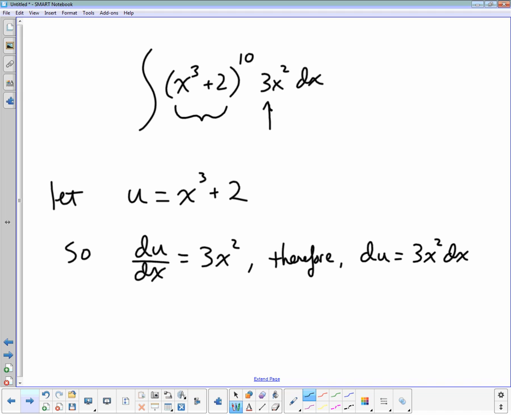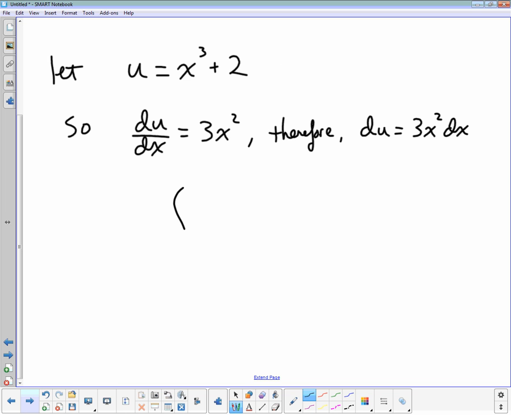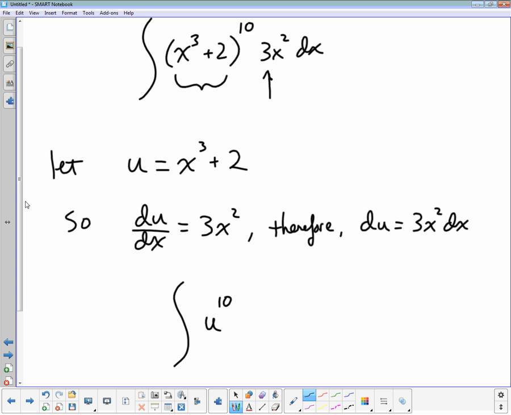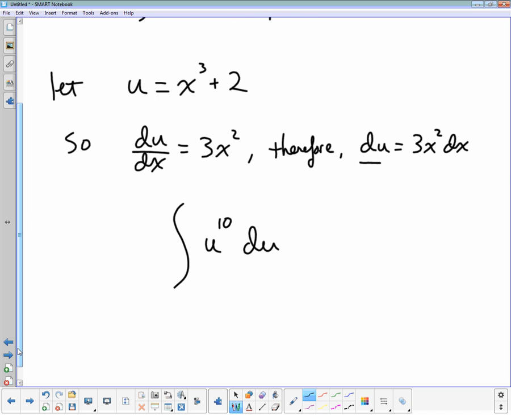So my integral basically becomes, because that's what I said u was, the inside of that is u. So now I've got u to the 10th, which is simple. We can integrate that in our sleep. And this 3x squared dx now becomes du. And this is no problem to integrate.